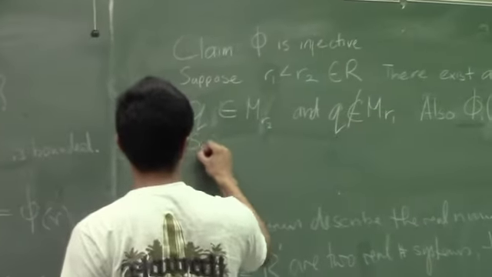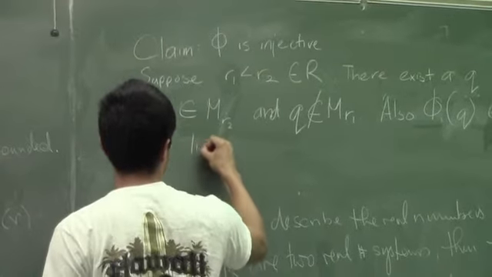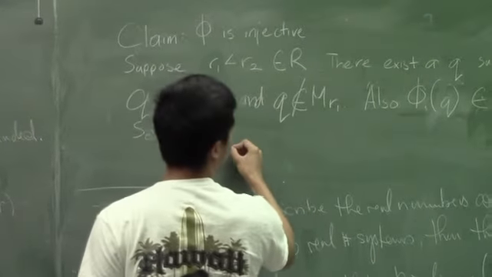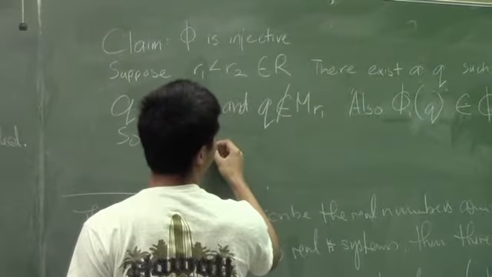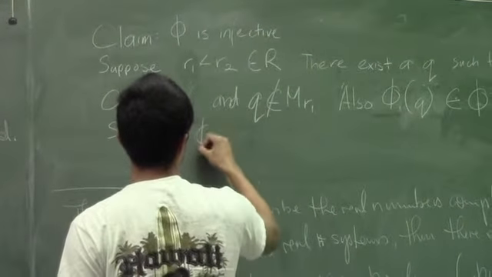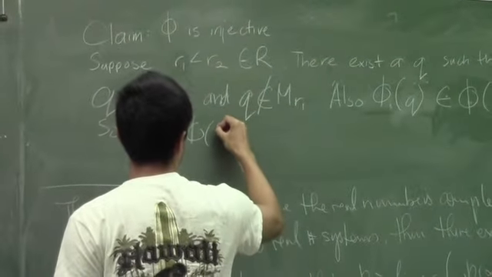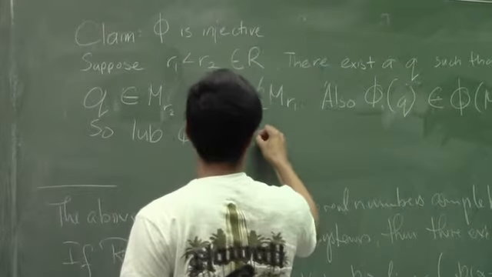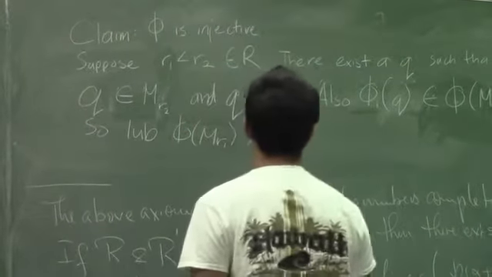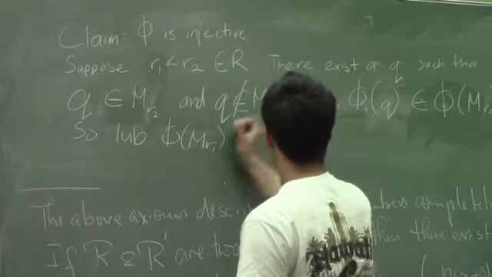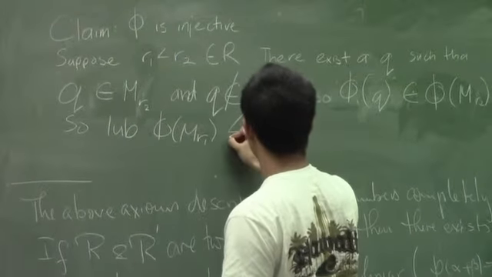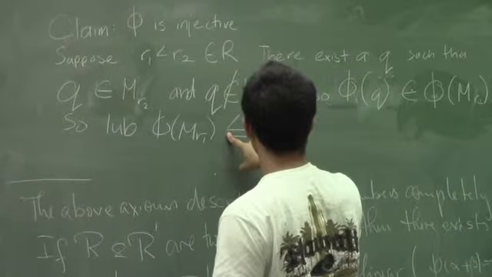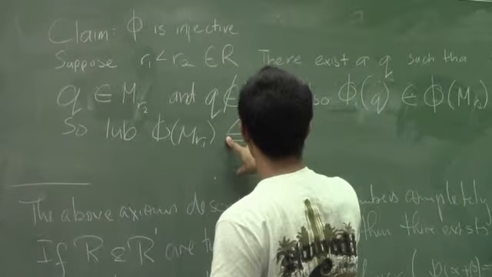So the least upper bound of phi of M r1 is strictly smaller than phi of q.